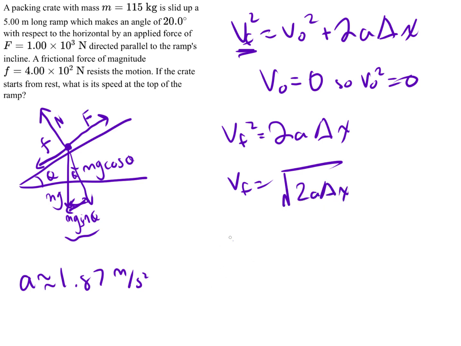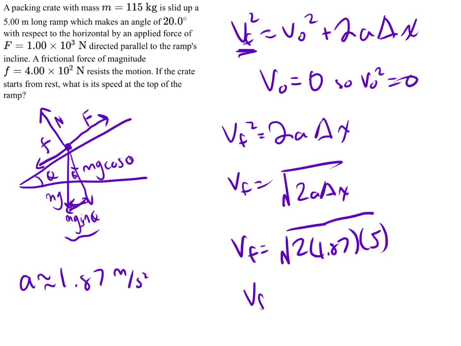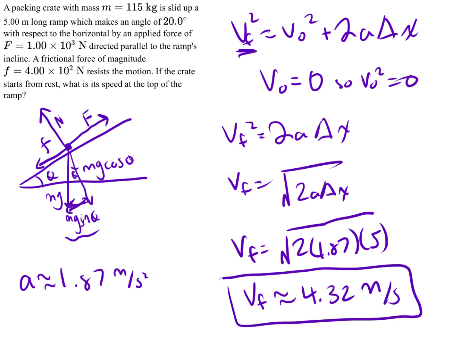Now we just need to plug everything in. It's the square root of 2 times the acceleration of about 1.87 meters per second squared times the displacement of the 5-meter long ramp. And now if you solve this, you should get that the final velocity is about 4.32 meters per second. And that is how you would solve this problem here.